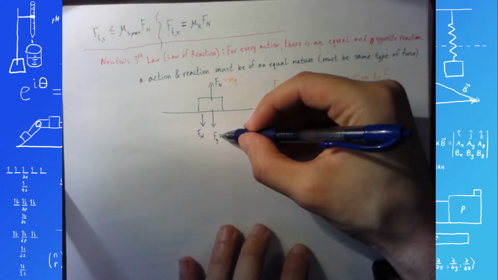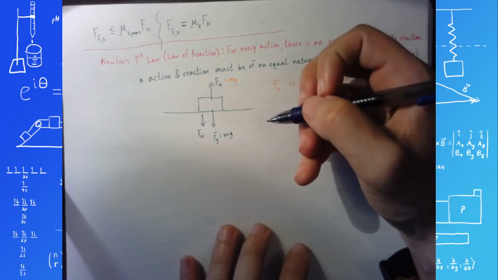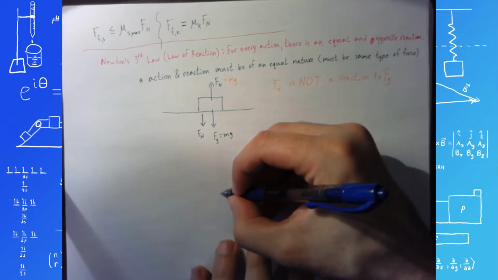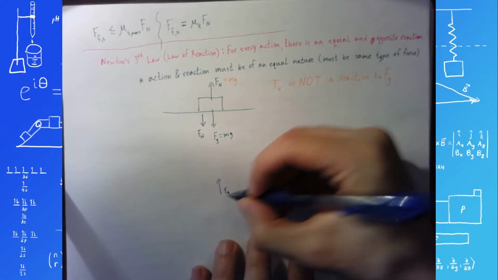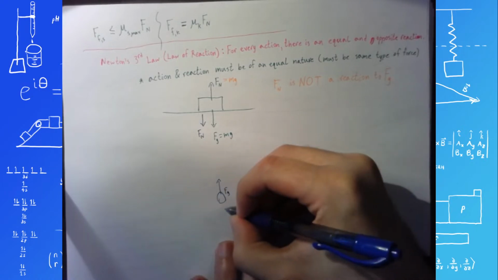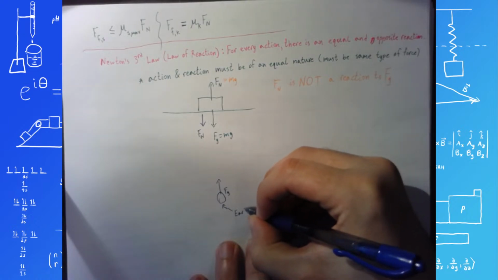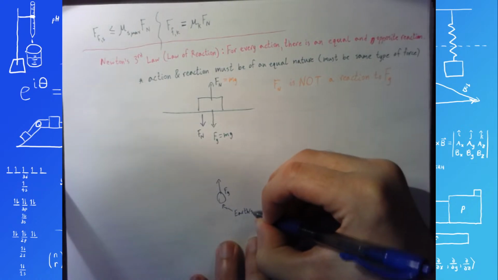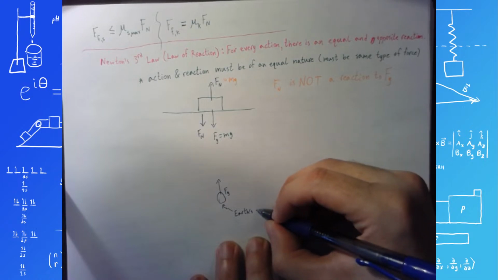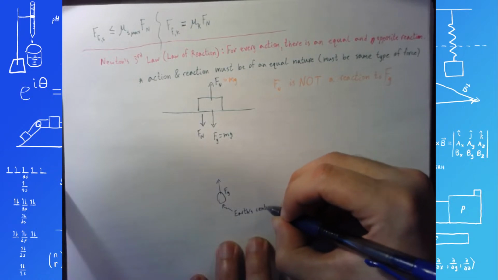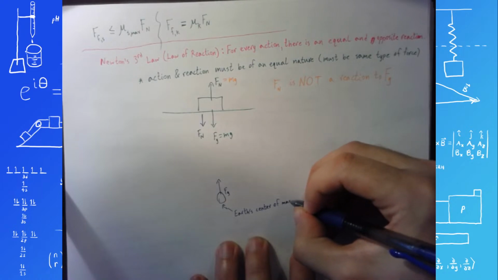And the reaction to the gravitational force that the Earth exerts on the box is the gravitational force that the box exerts on the Earth. We'll call this Earth's core, or to be more precise, Earth's center of mass, which might not be exactly in the middle of its core, but close enough.